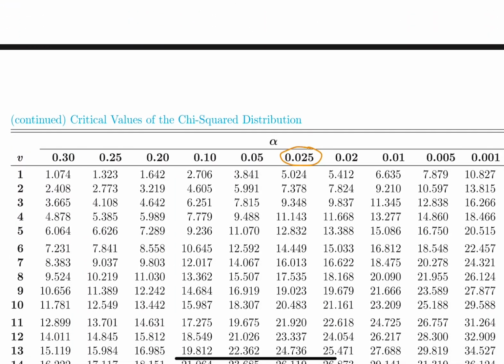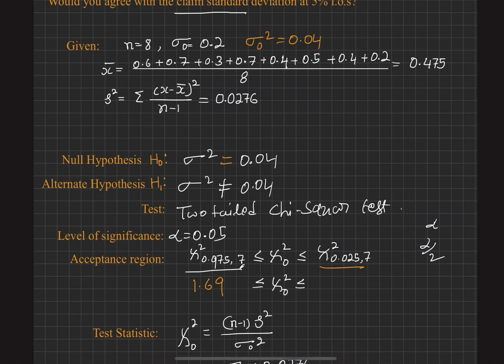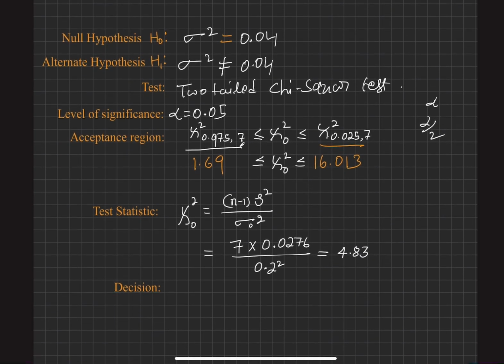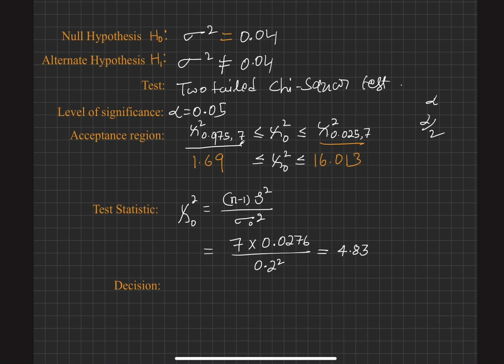Alpha is 0.025 and degree of freedom is 7. The corresponding chi-square value is 16.013. So the upper critical value is 16.013.